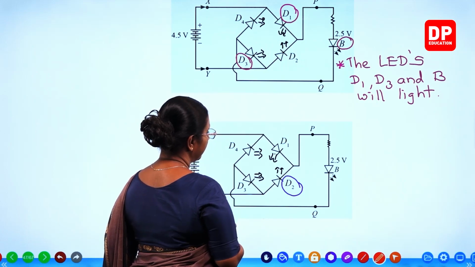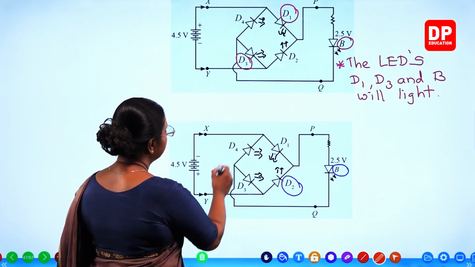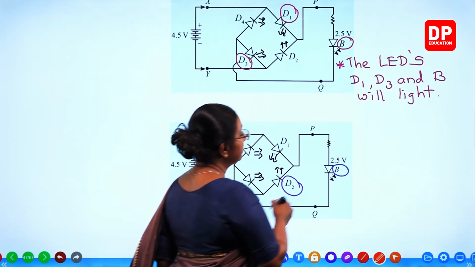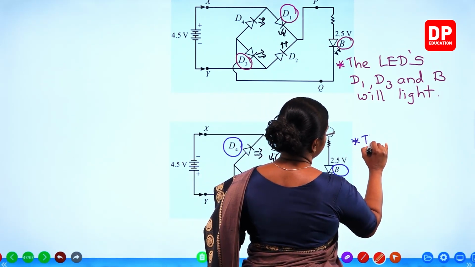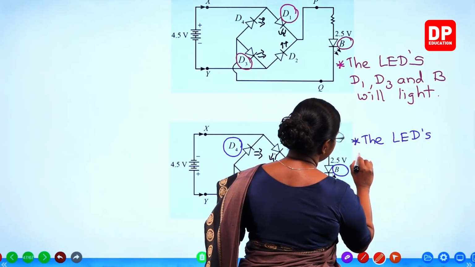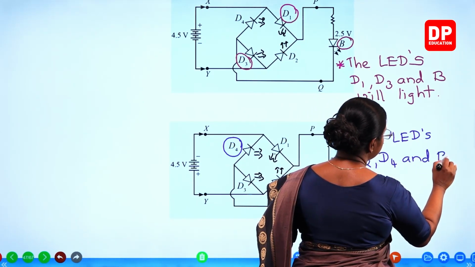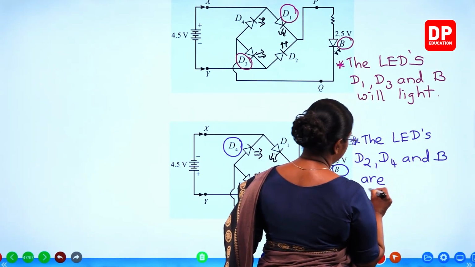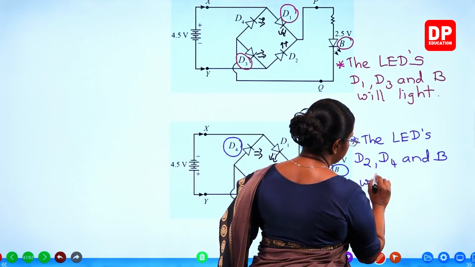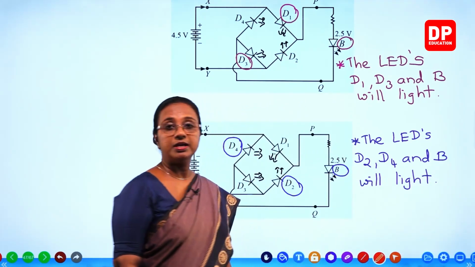D2 is forward biased. Then here you can see B is forward biased. Then here D4 will be forward biased. So in this instance, the LEDs D2, D4 and B will light, and they are forward biased.